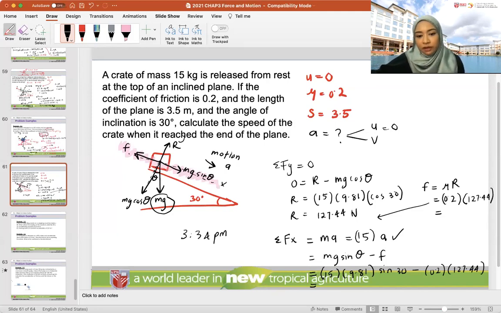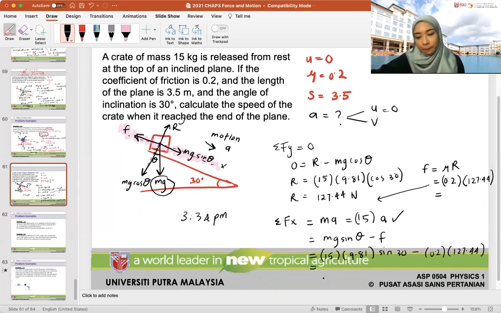Okay, thank you Amirul. Faham dah ke macam mana nak buat? Faham. Okay. So kita dah dapat value kat sini. Equation ni ada condition which is 15A. Bolehkah kita cari for A? Boleh. Okay. So pakai calculator je lah.